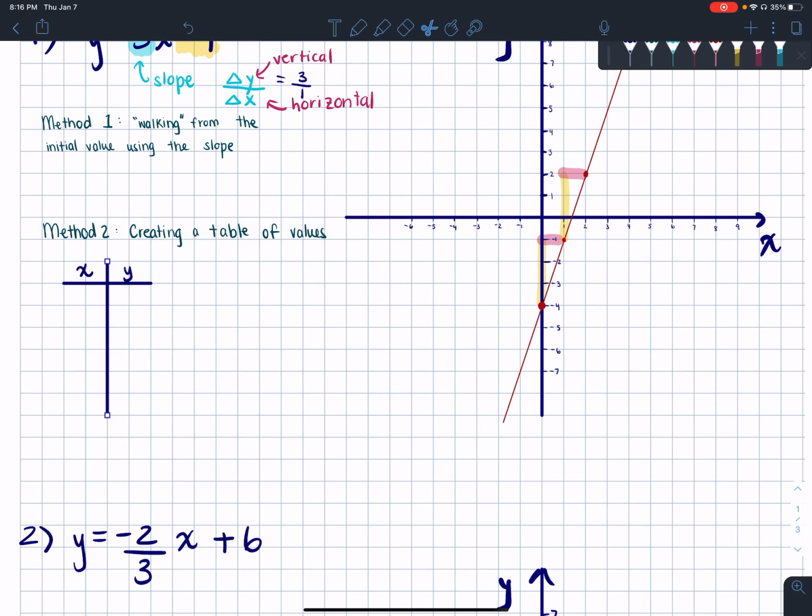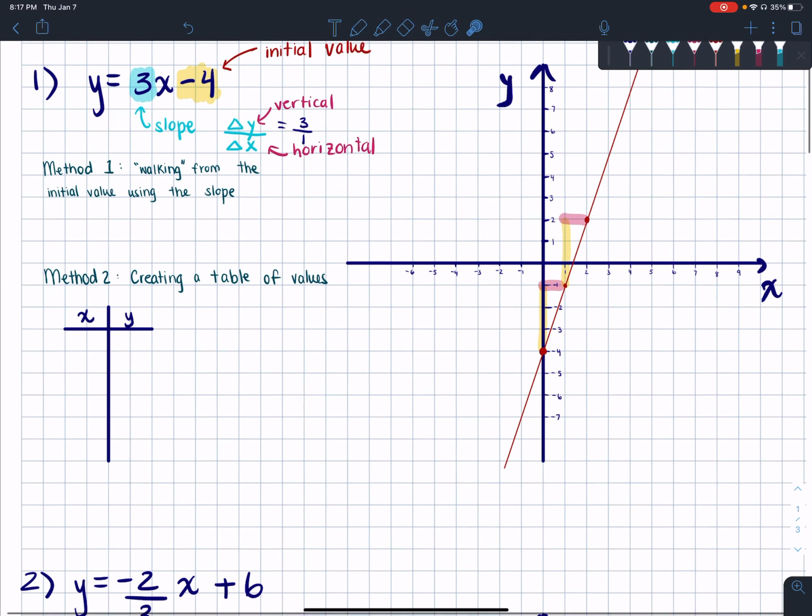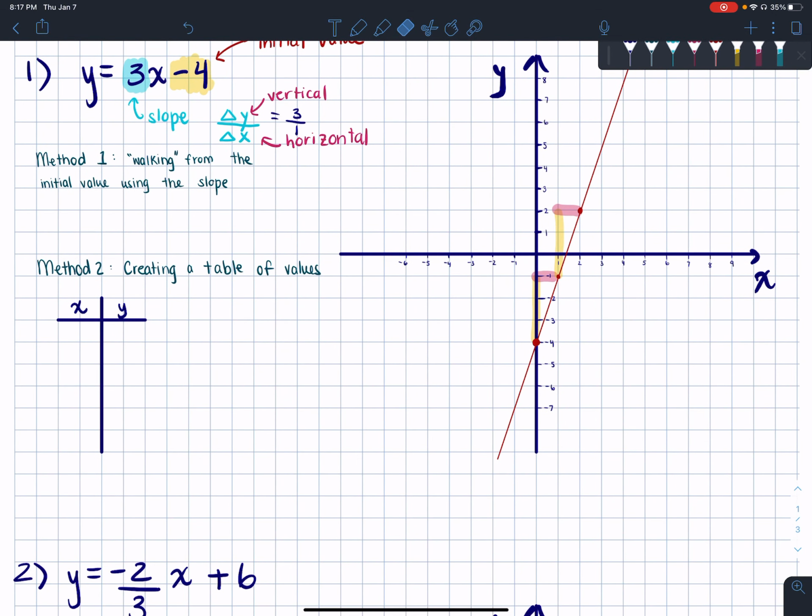But the benefit to using a vertical version is that once your numbers are in here, they already look like coordinates, which makes it easier to read because your x is already on the left, your y is already on the right, and you know x goes first, y goes second, and it becomes easier to plot those points on the graph. Since we're using the second method, I'm just going to erase all of this stuff.